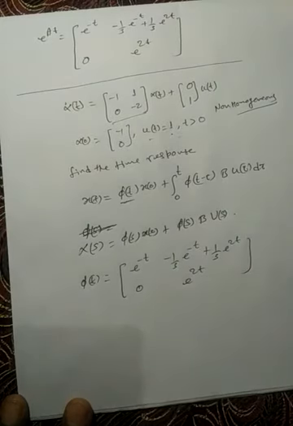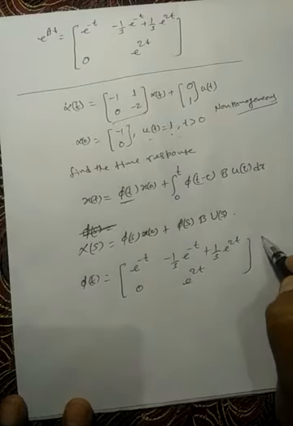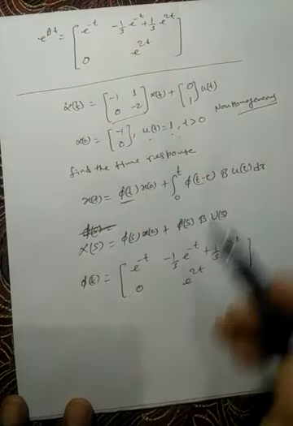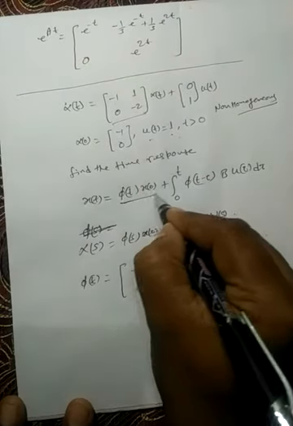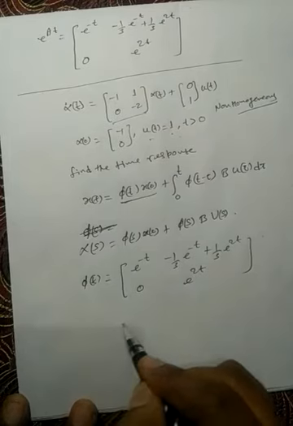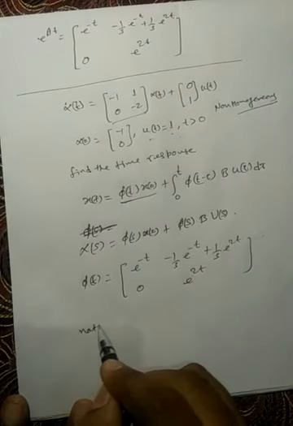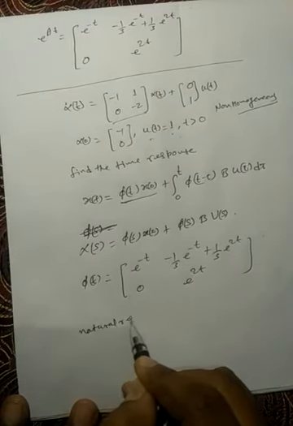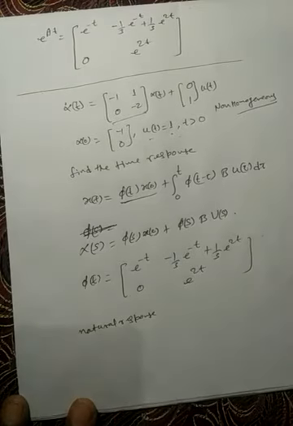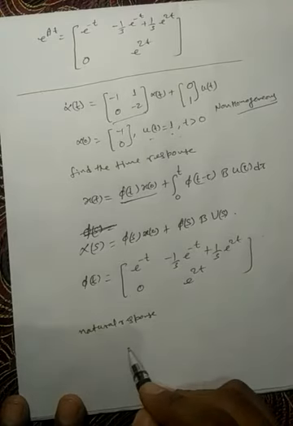This is our phi t. And x naught we have -1 and 0, so this is natural response. So first of all, find natural response, phi t x naught.